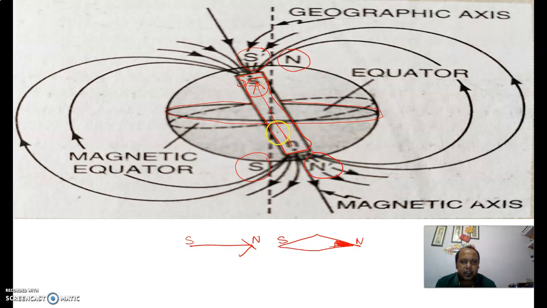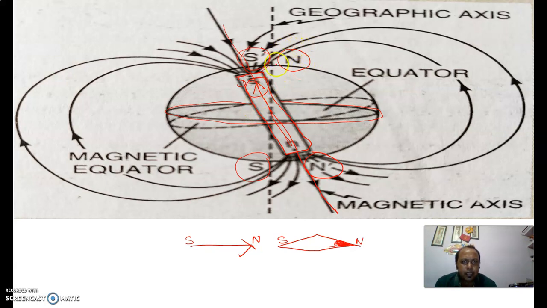So the freely suspended magnetic needle will align itself along the magnetic poles of the Earth. Our magnetic south pole is here and this is the north pole. This is the magnetic axis which we are drawing here. The magnetic axis and the geographic axis are not the same.